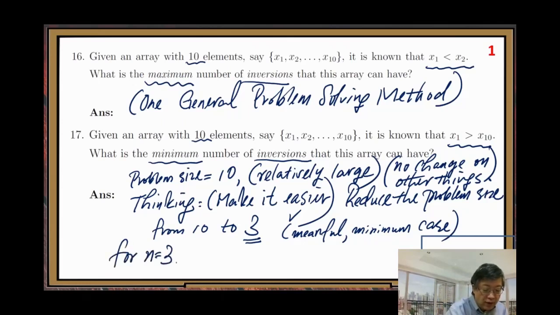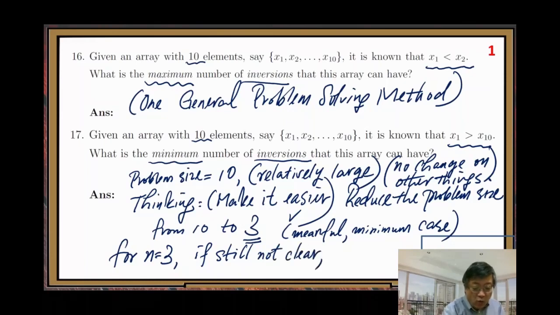To work on these two questions for n equals 3, that should be very easy, right? But after you work it out, do you have an idea for the general solution or more general cases? If still not clear, that's possible. If you only work on one simple case, you still cannot see the property, the rule clearly.